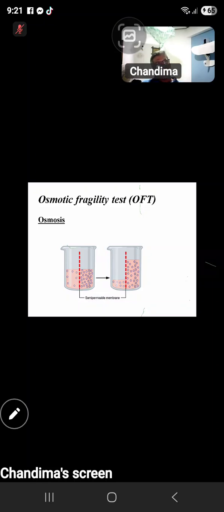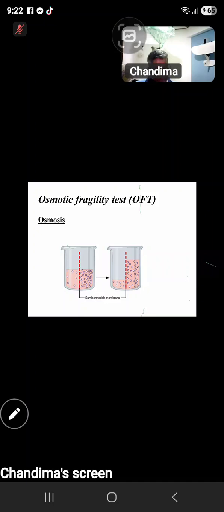And then you can calculate the percentage hemolysis by measuring the absorbance of the supernatant of each tube. The tube which has the highest hemolysis, take as the 100% hemolysis. Normally the 12th tube we take as the 100% hemolysis and take the absorbance of that.